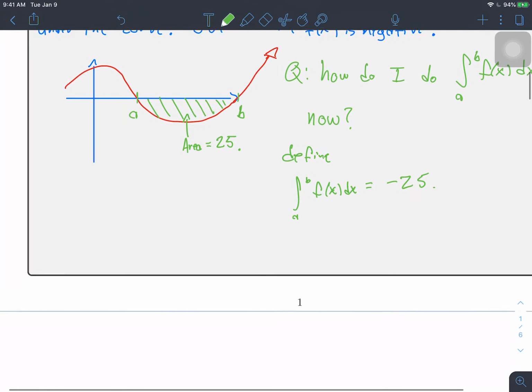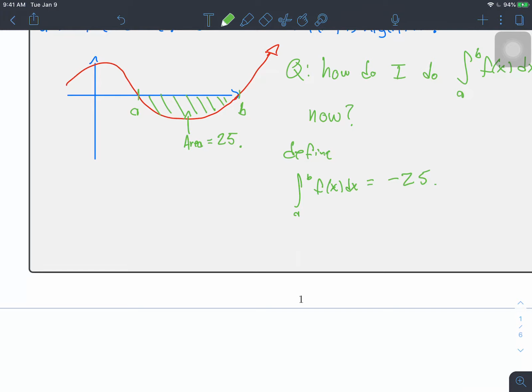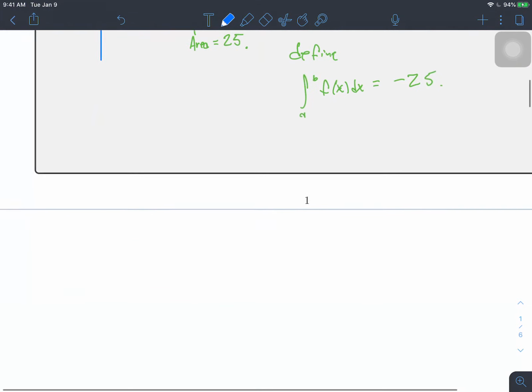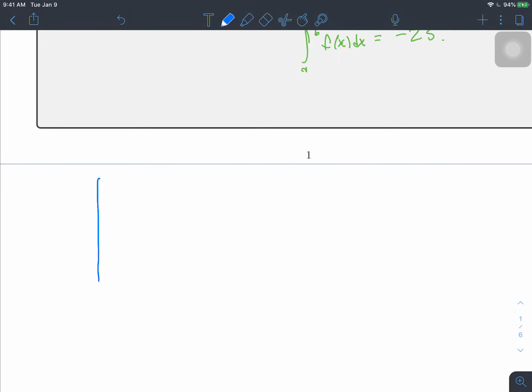So let's have another example. Let's try this one. Let's have f of x, which looks like that. It's f of x.